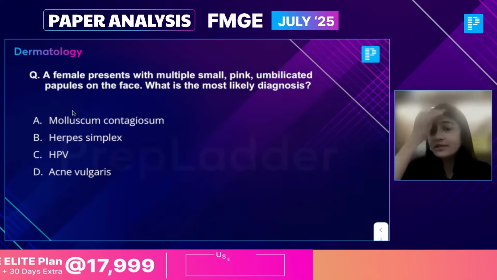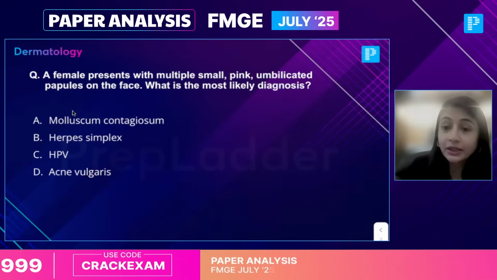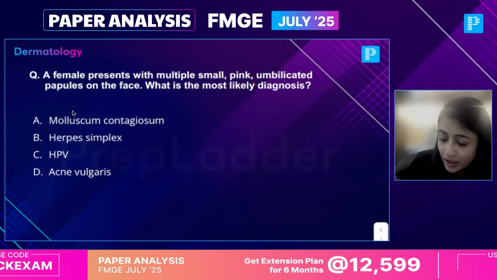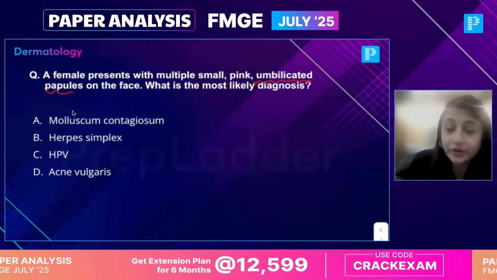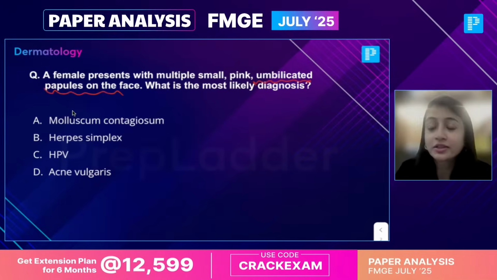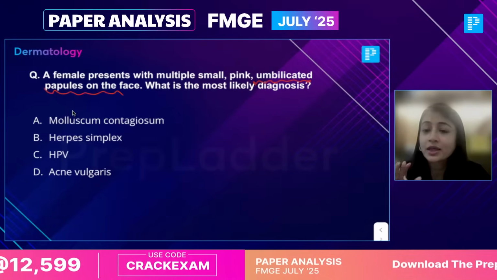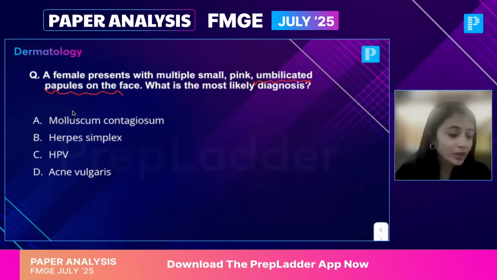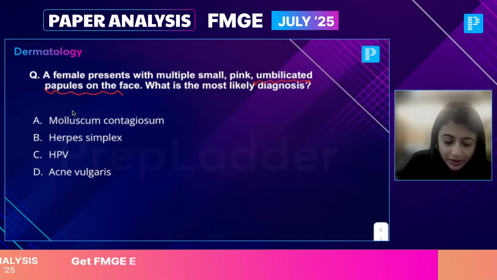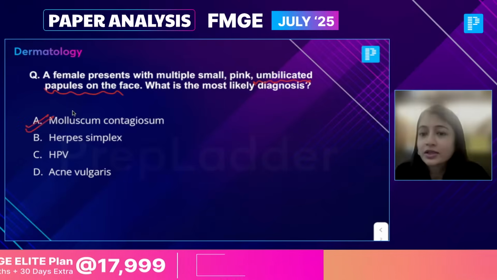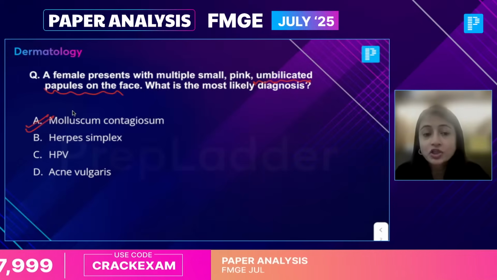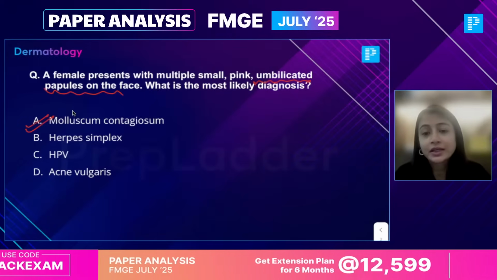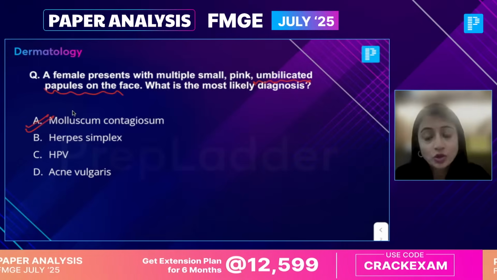So this was a very, very easy question. You had been given umbilicated papules on the face. In dermatology, we have discussed this numerous times that umbilicated papules are seen in just one condition, which you have all answered correctly, molluscum contagiosum. It's a viral infection which presents with umbilicated papules on the face or other parts of the body.